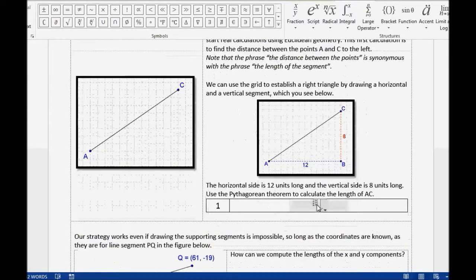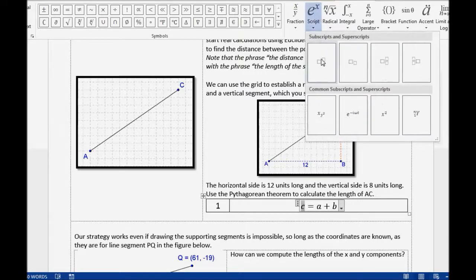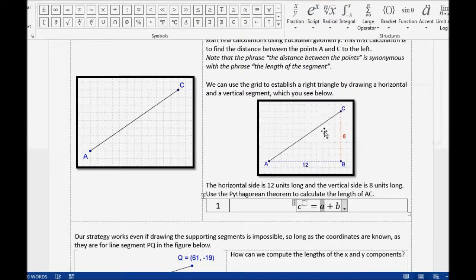I type in c equals a plus b first. Then I go back and highlight each one and select this e to the x script, which enters a superscript for each of these parts of the equation. So now I have c squared equals a squared plus b squared.